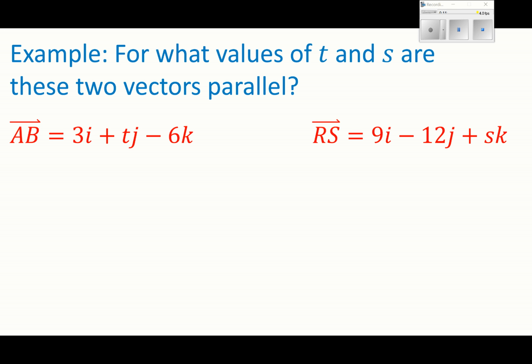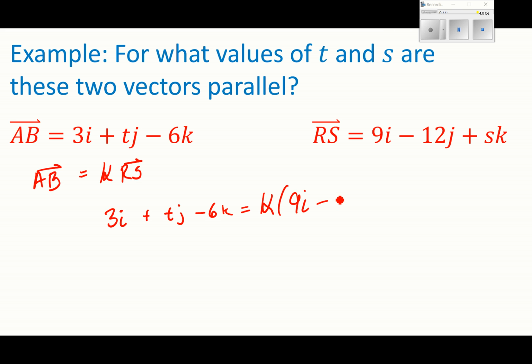In order for these to be parallel, vector AB has to be a scalar multiple of RS, that cursive k. So therefore, 3i plus tj minus 6k is going to be equal to some scalar multiple, this cursive k, times 9i minus 12j plus sk.